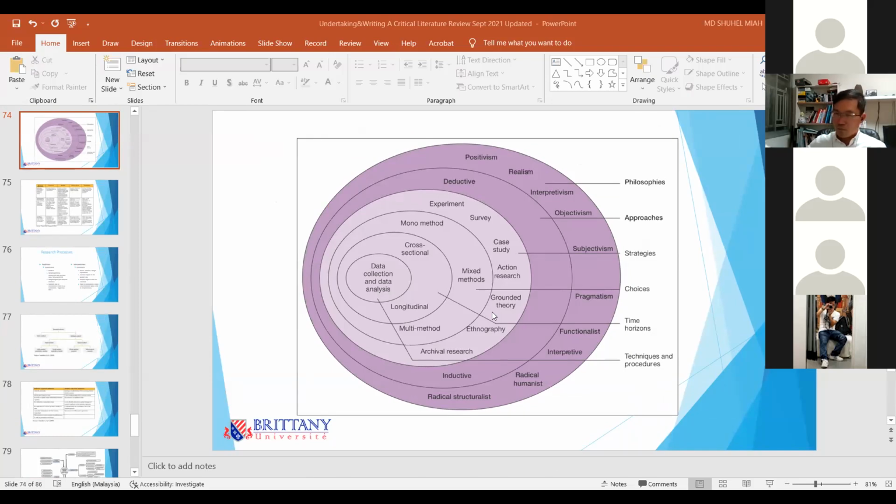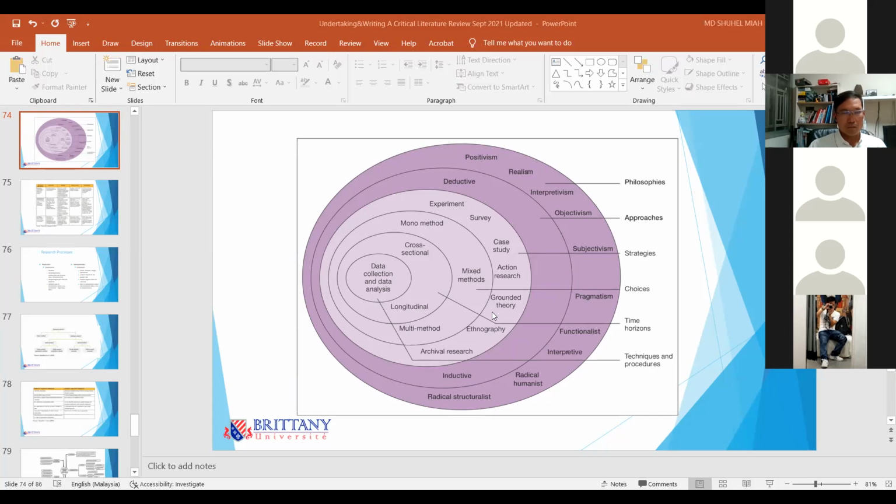Once you finalize all these things, you need to create your questionnaire or survey form. How to develop this questionnaire, you will discuss with your supervisor. At the moment, I won't be able to guide you on that, because your supervisor will help you. And you need to get your supervisor's approval first before you collect your data.